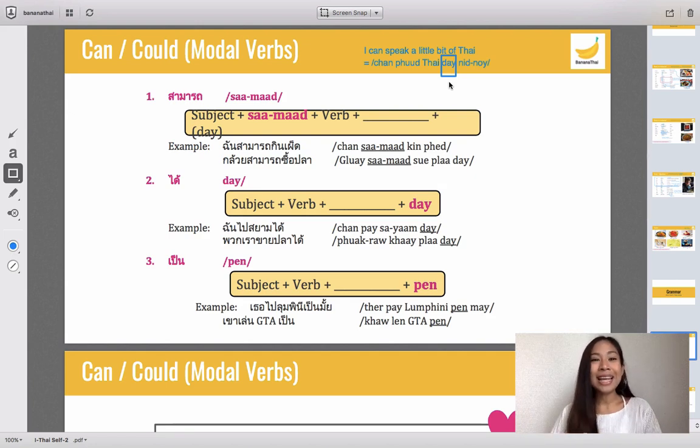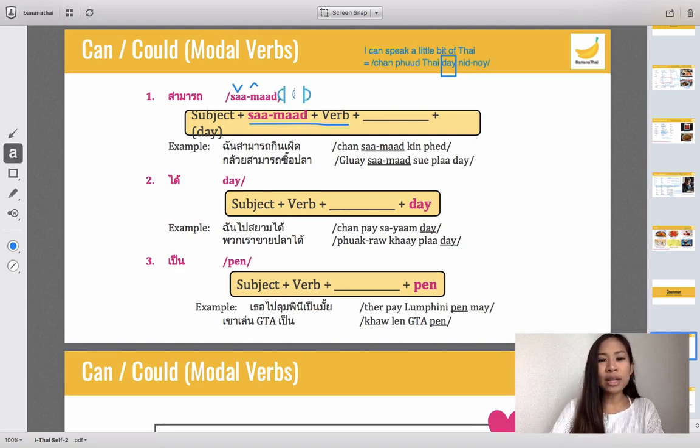There are three different words used as the word can. Start with the first one: สามารถ plus verb. Subject plus สามารถ plus verb. สามารถ is used only for formal situations, for example an interview, or on the news or any television program.